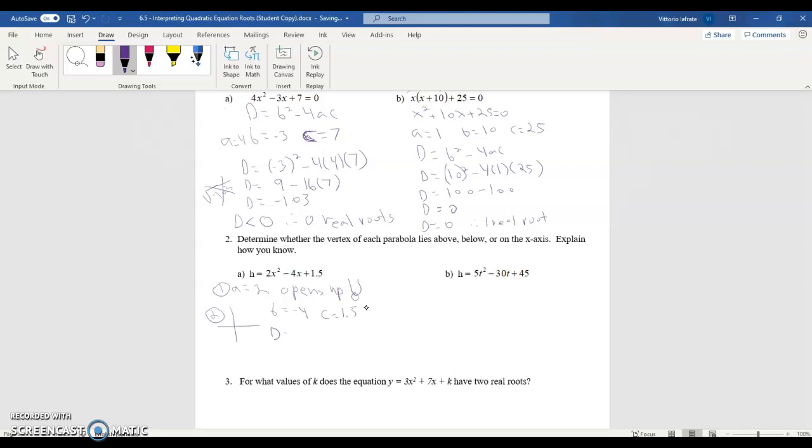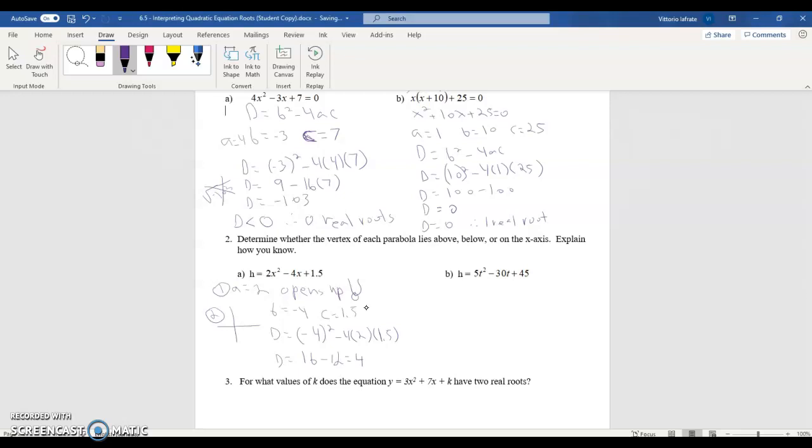So our discriminant is going to be equal to minus 4 squared minus 4 times 2 times 1.5. So that means our discriminant is going to be 16, and then 4 times 2 is 8 times 1.5, 16 minus 12, which is equal to 4.